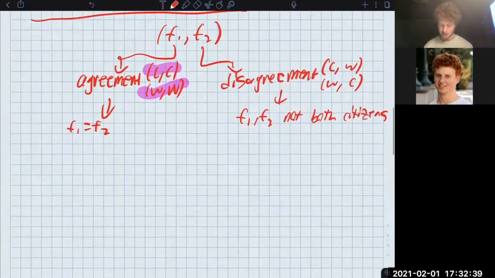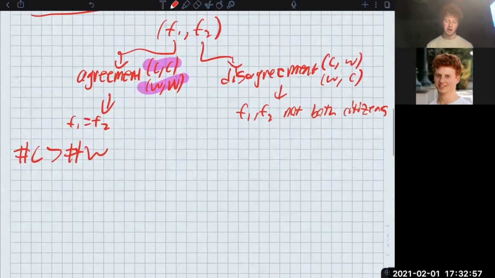So we have these two cases, and what can we do to eliminate people here? Well, in eliminating people, we're always going to need to maintain that the number of citizens outnumbers the number of werewolves. So let's consider the disagreement case first. If we have some pair F1, F2, and they disagree, then we know that we have exactly one werewolf and one citizen in the pair.